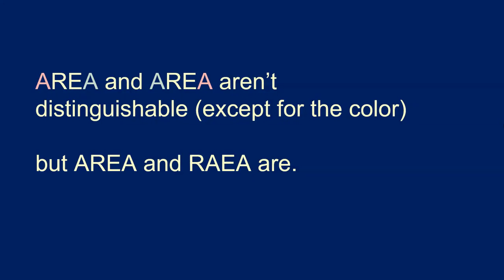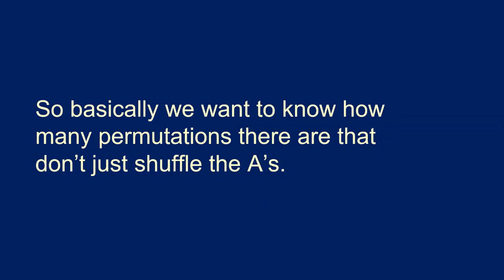I can't tell them apart. However, if I switch the A at the beginning and the R right after it, that would be a distinguishable permutation. And so what I want to know is how many permutations there are that don't just change around those A's, they actually change around letters that I can tell apart.